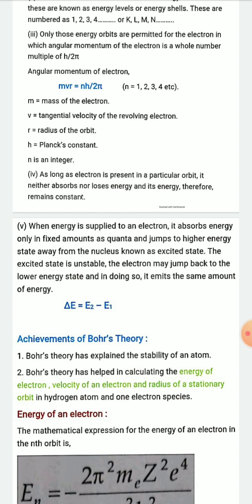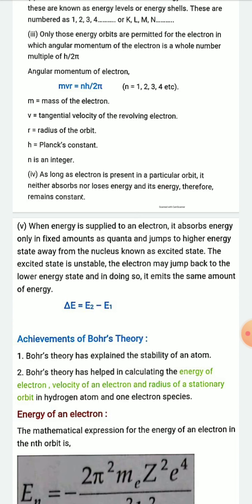And when you supply energy to an electron, it absorbs the energy only in a fixed amount and jumps to a higher energy state, which is called the excited state. And again, the electron may jump back to the lower energy state, and when it does, it emits the same amount of energy.